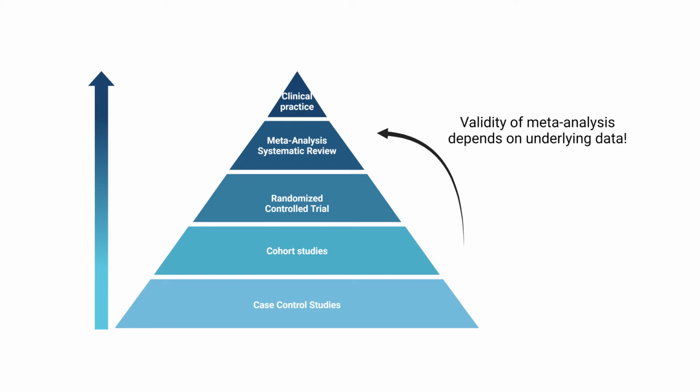So, if there are biases present in your case control studies or your cohort studies, all of this will build up to a pyramid of biases. The first studies you do influence your meta-analysis, and finally how these new diagnostics will be applied in the clinic. So it's very important to reduce the prevalence of bias.